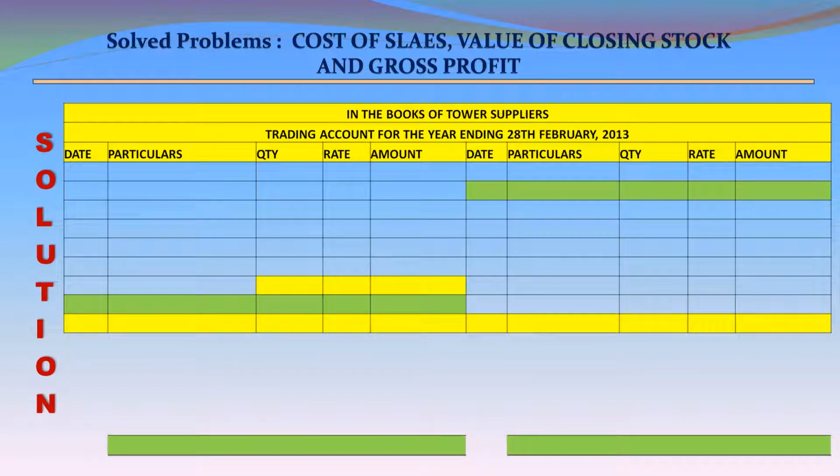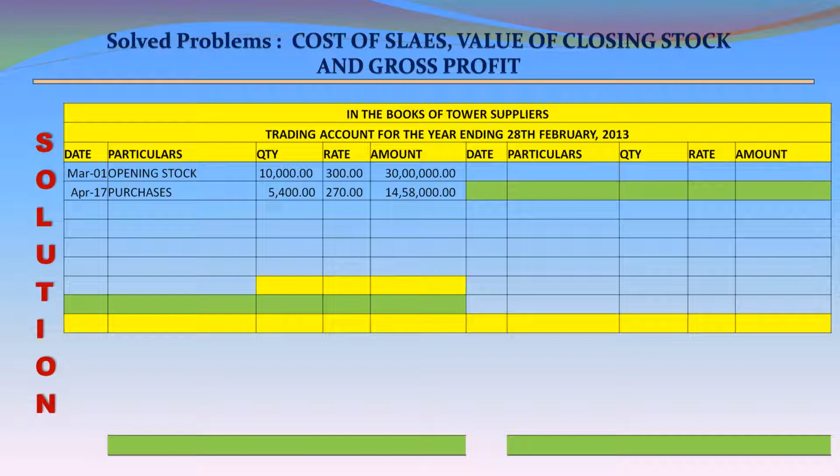In the books of Tower Suppliers, trading account for the year ending 28th February 2013. Columns: date, particulars, quantity, rate, amount. On the debit side, March 1, opening stock, quantity 10,000, rate 300, amount 3 million.